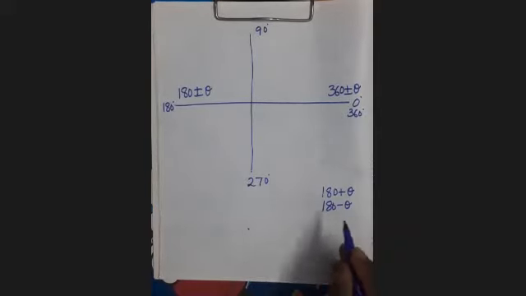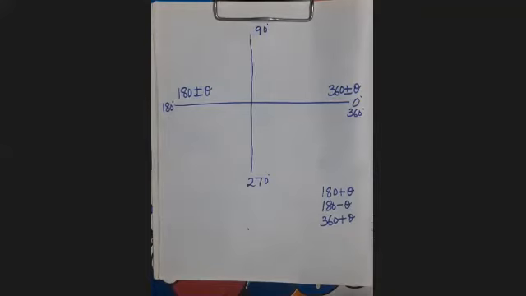Now see here, if the angle is 360 plus theta, it will be in the first quadrant. And 360 minus theta will be in the fourth quadrant. It's clear?